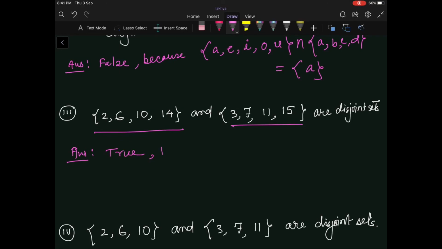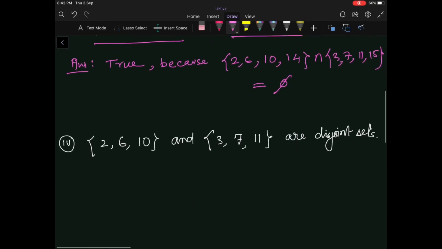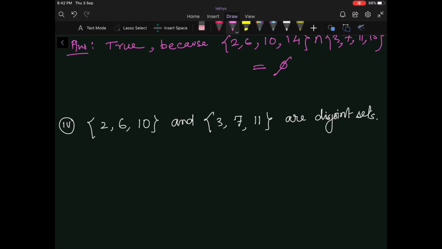Because the intersection of these two sets gives phi, the null set, because they have no common element, is equal to phi. In the next one, here you can see these two also have no common elements, so they are disjoint, so it is also true.